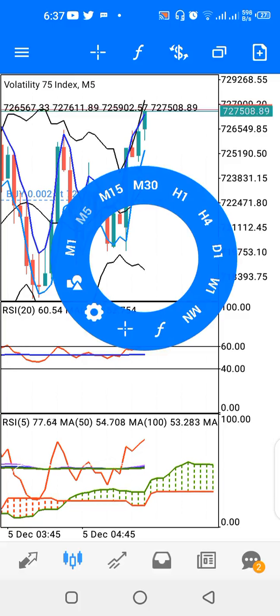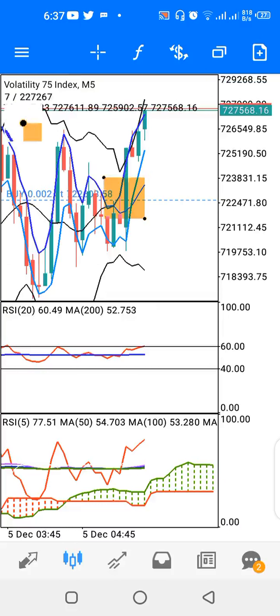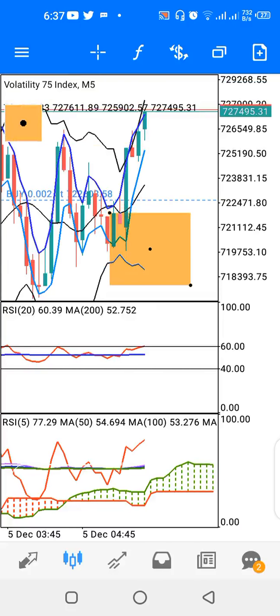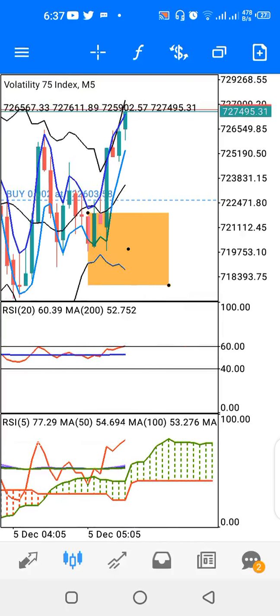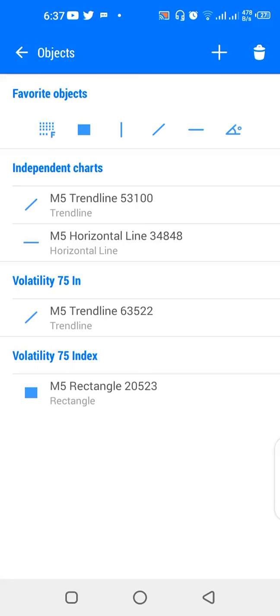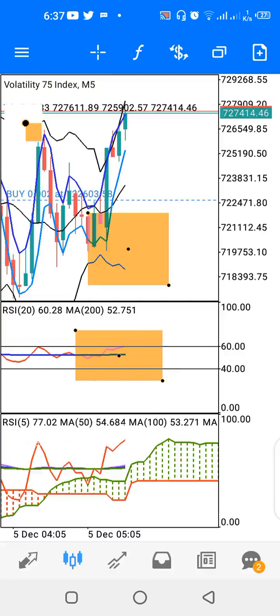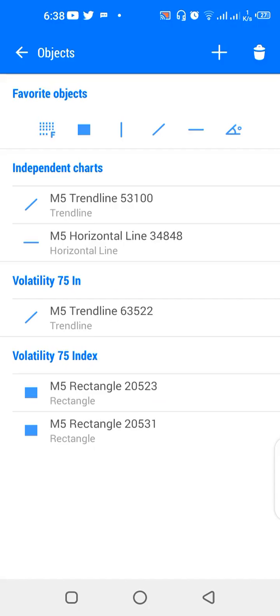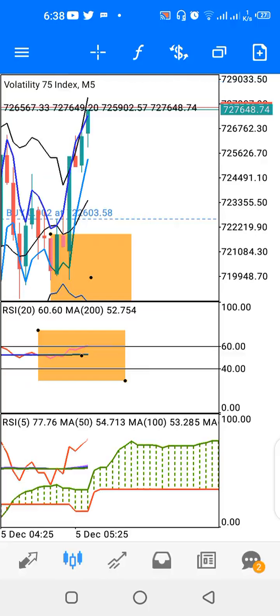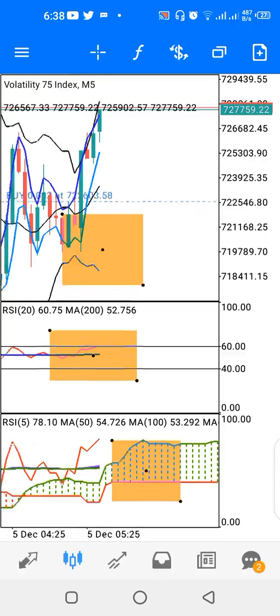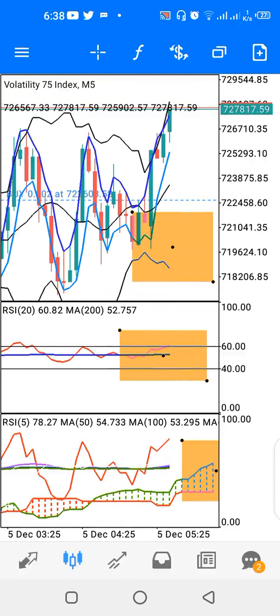The first upper window is my main window. The second window is my indicator window 1, and the third window is my indicator window 2. Now let's look at how this strategy works.